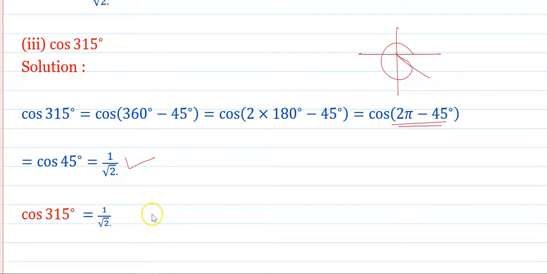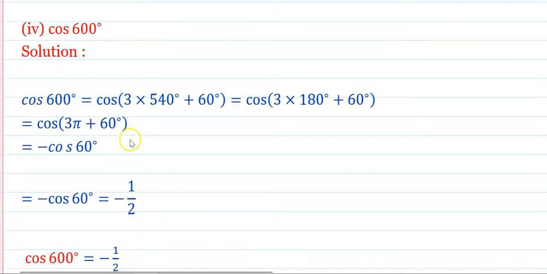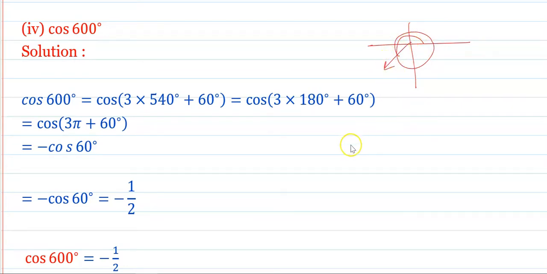Okay, now the next. Cos of 600. 600 can be written as 540 plus 60. 540 means what? 3 into 180 plus 60. Means what? 3 pi plus 60. Okay. Now see this here. 3 pi, this is 2 pi and 3 pi plus 60. It is in the third quadrant.